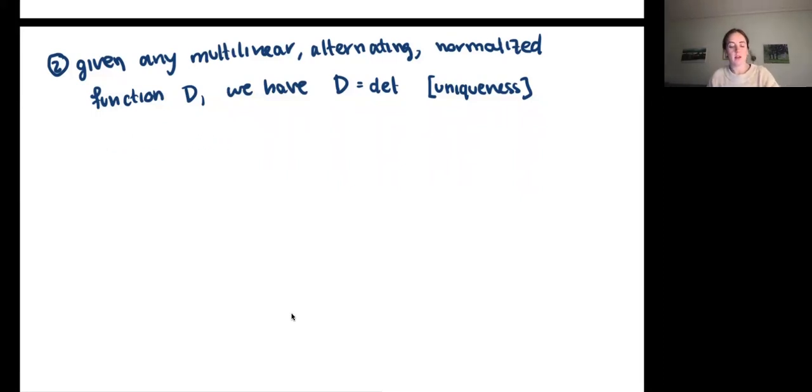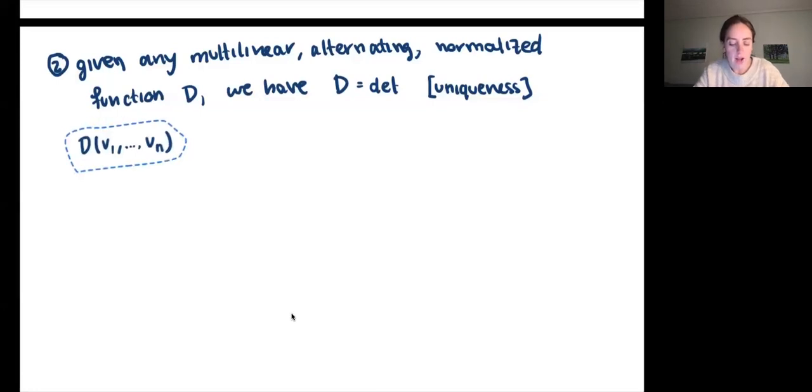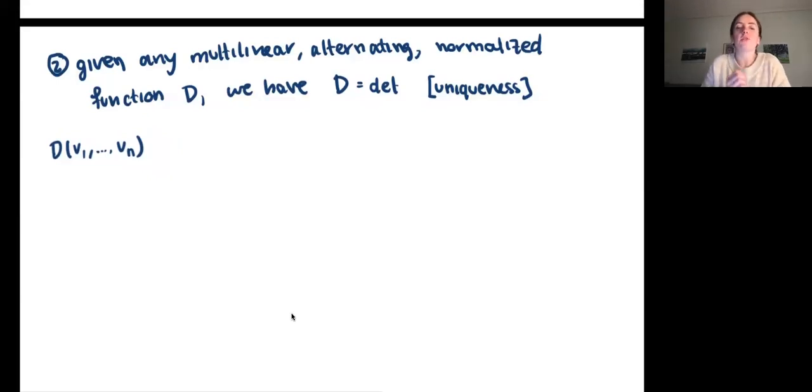Okay, so let's say I want to compute D of the vectors v_1 up to v_n, because I can feed this function any choice of n vectors. What I need to do is rewrite each of these vectors in terms of the standard basis.